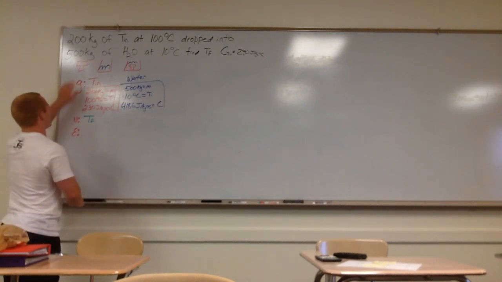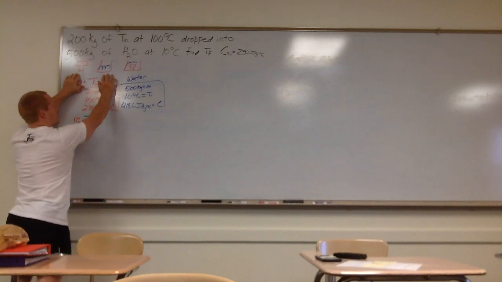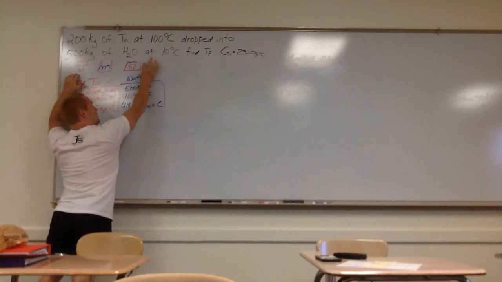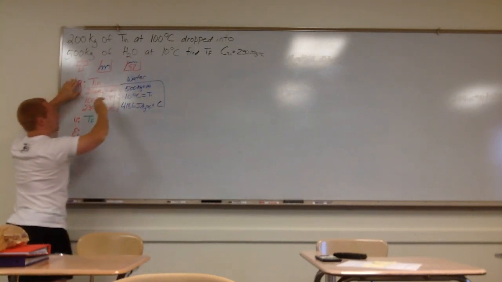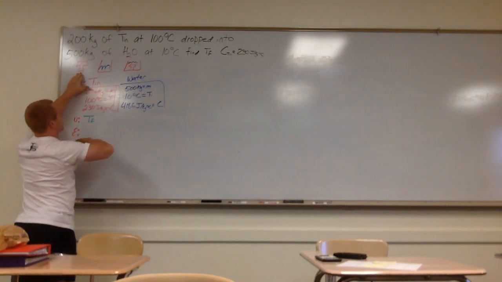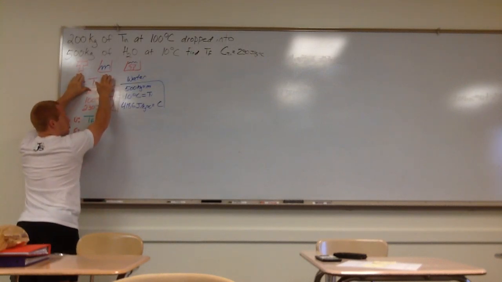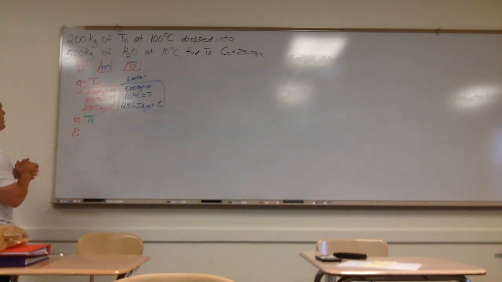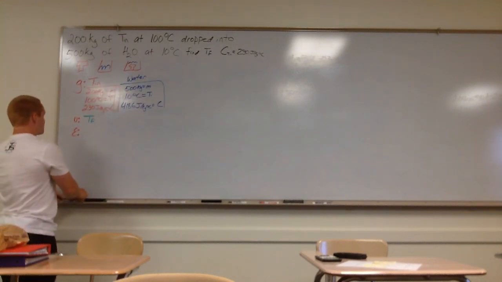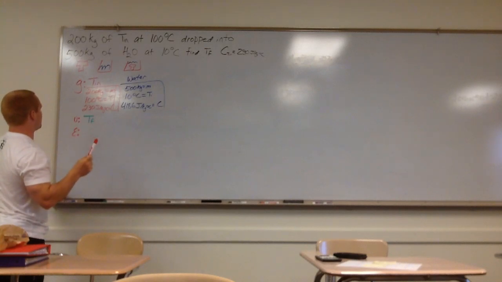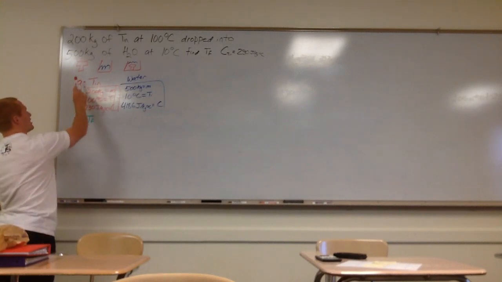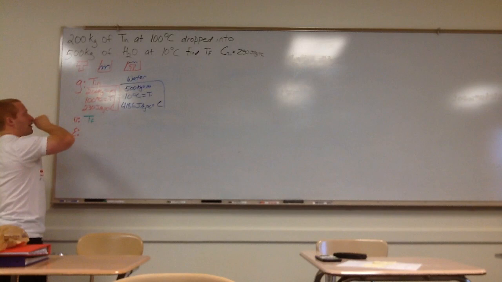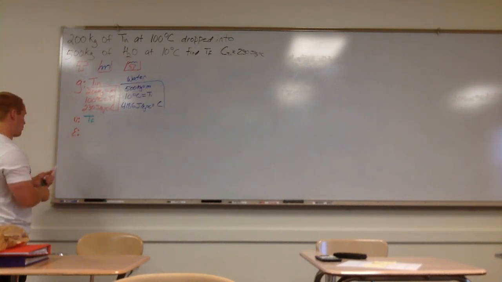So since this metal is being dropped into this water, and they have to equal each other right here, their final temperatures, that means the energy of this metal has to equal the energy of this water. That way they can come into equilibrium, which is balance. So, an important thing is you need to know which one is losing energy and which one's gaining. Because the one that is losing is going to be negative.